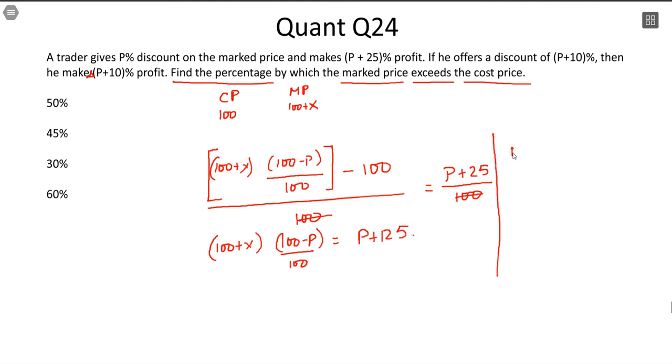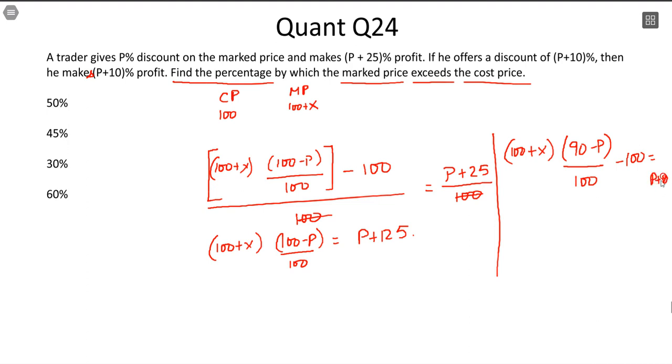The second situation: market price remains the same, 100 plus X. The discount this time is P plus 10. So here in the bracket I will have 100 minus 10 minus P, so 90 minus P directly I have written, by 100 minus 100 is equal to P plus 10, this hundreds will get cancelled, so I'm not bothering about it.